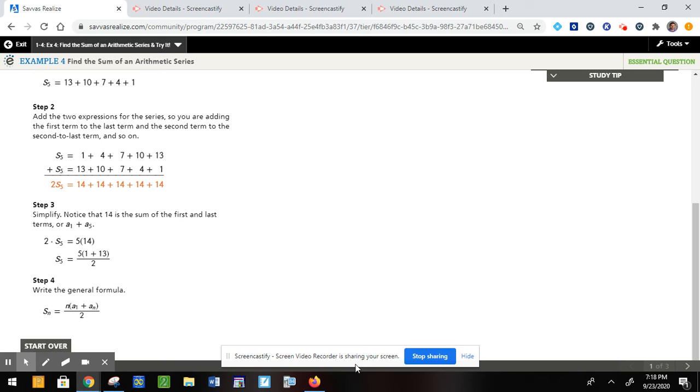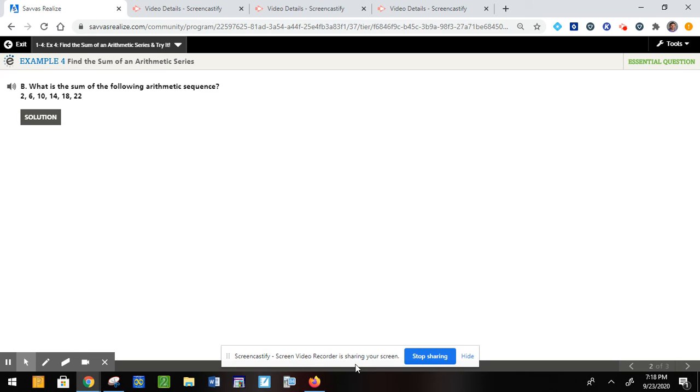All right, so let's take a look at this formula in action. So what is the sum of the following arithmetic sequence? So if I use the formula we just talked about, you're going to take 2, add it to 22, and you get 24. There's 1, 2, 3, 4, 5, 6 numbers. So you multiply it by 6, and then divide by 2.